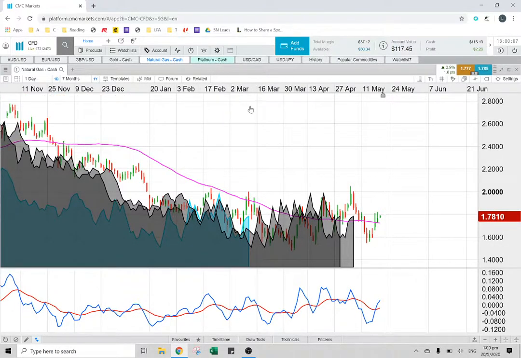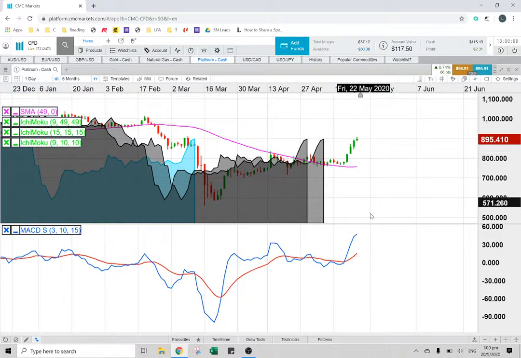So moving on, for platinum, things are starting to turn up, and the trend line has started to flatten out, and even over the next couple of days it will start to turn up. So a very nice pop in pricing there.